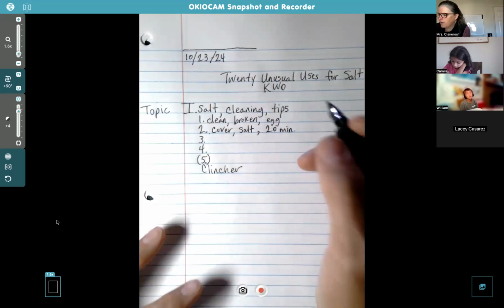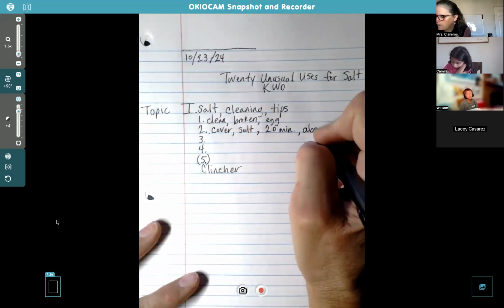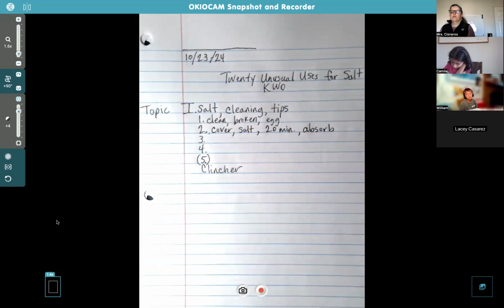And then I like that word absorb. You know what that means, to absorb? It means like soak it up, right? It's almost like a sponge. When a sponge is dry and you put it in the water, the sponge absorbs the water. So for the egg, because you know it's wet and sticky, when you put salt on it, the salt somehow absorbs the egg.